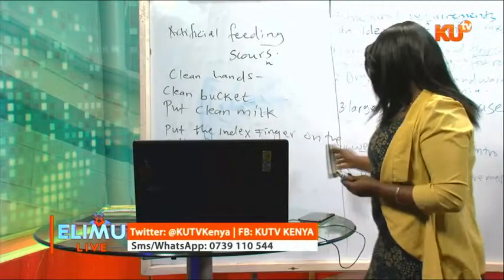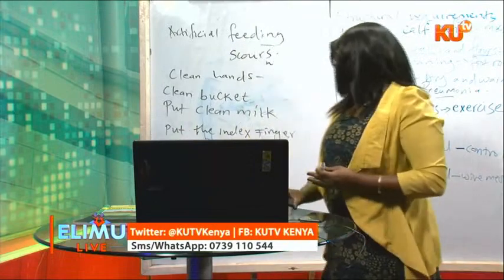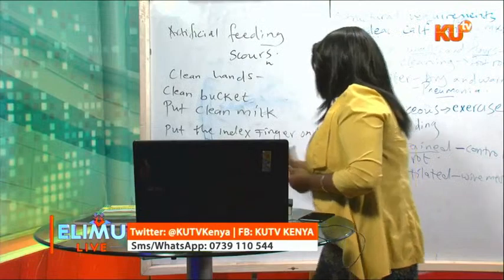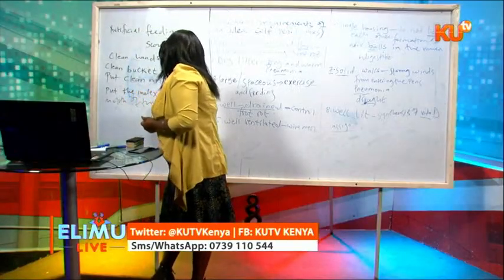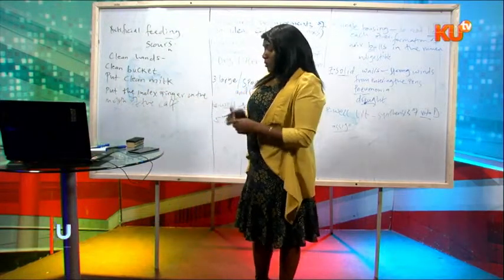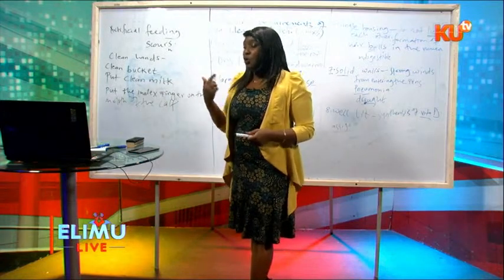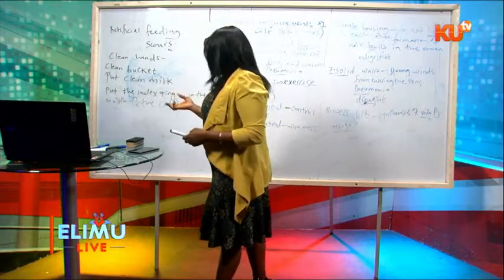Actually, you put the index finger in the mouth of the calf, not on the milk. Young animals, including children, have a tendency to want to suckle and to eat the fingers and hands of human beings.